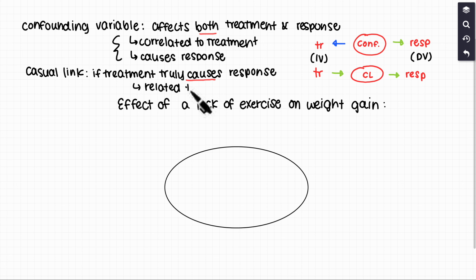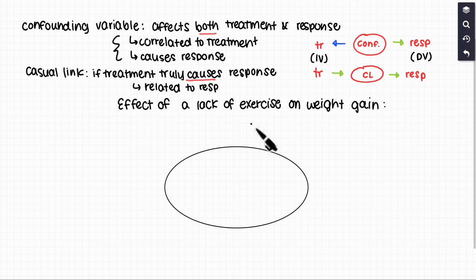It may be a part of the response or an ingredient within the response that makes this causal link happen. So here is my treatment. I have an arrow going from the treatment to the causal link, and then an arrow from the causal link to the response, because all of these are connected. This is a variable that makes the treatment cause the response.